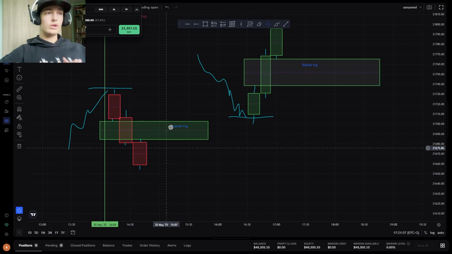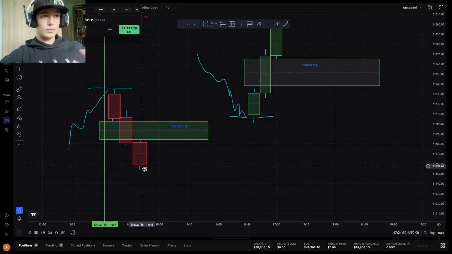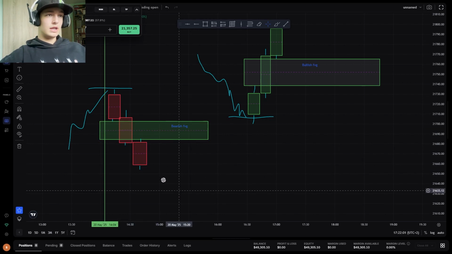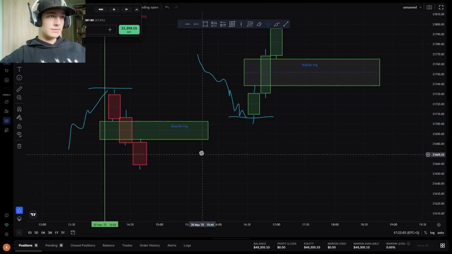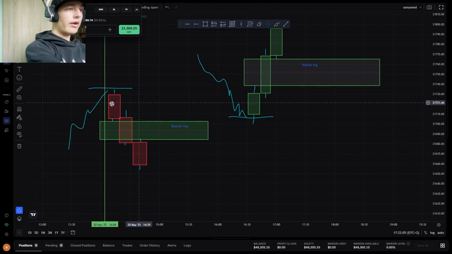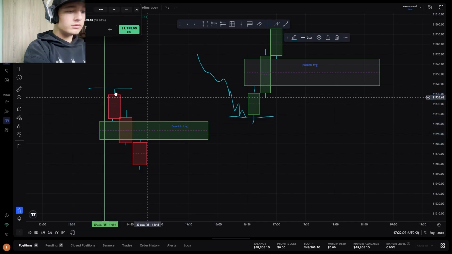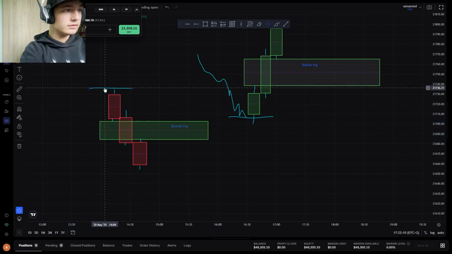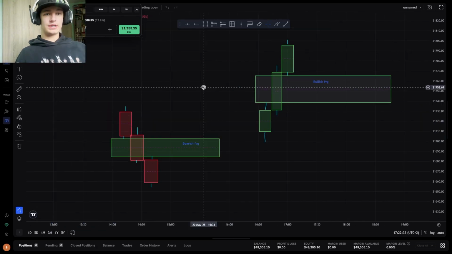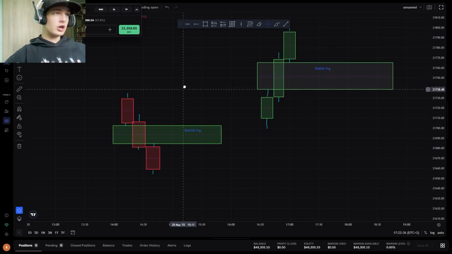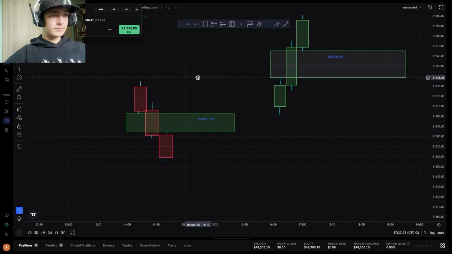So what does price actually do when we retrace back into a fair value gap? I'll try to make an example here real quick. I'll delete everything we had. Let's draw a bit of a chart up somewhere.